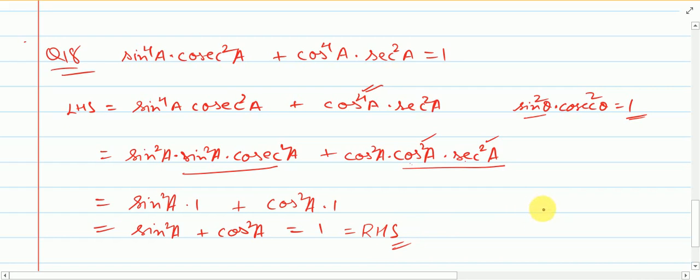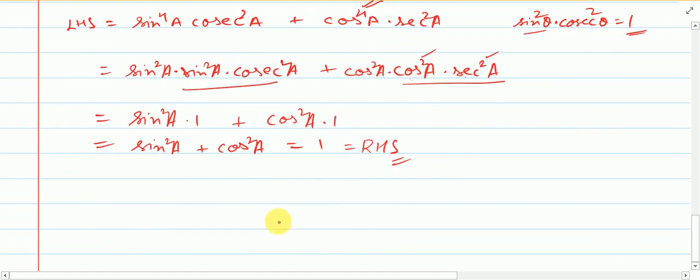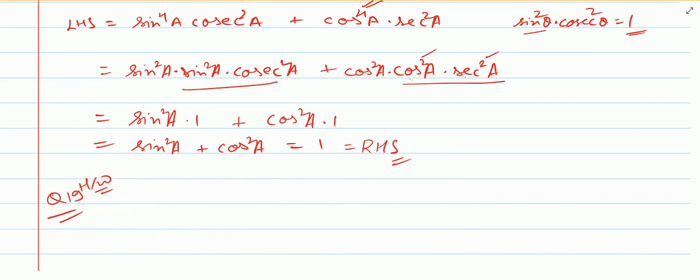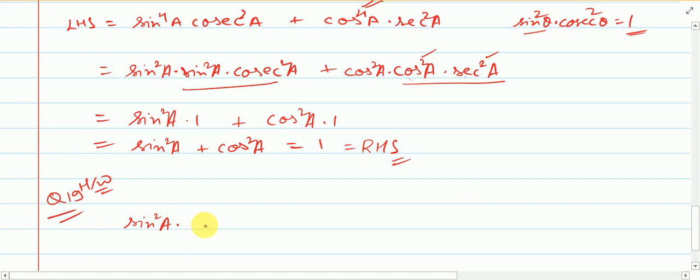Now next is question number 19. So question 19 will be your homework. I will write down the question for you. So question is sin square a into cot square a plus cos square a into tan square a is equal to 1, okay.